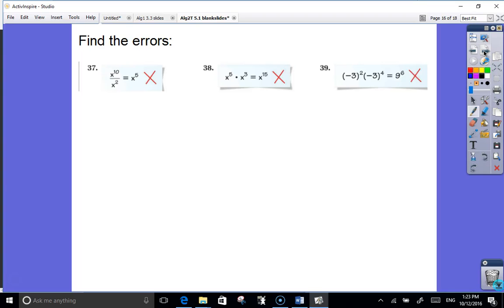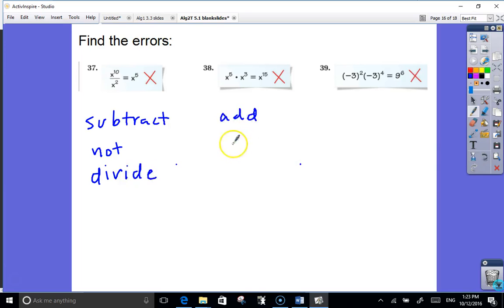So what did they do wrong in the first problem? Jason? Yeah, you're supposed to subtract exponents, not divide. Okay. What did they do wrong in the second one? What does it look like they did? And they should have? Yeah, add, not multiply.